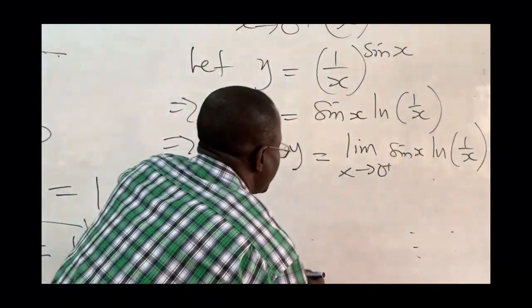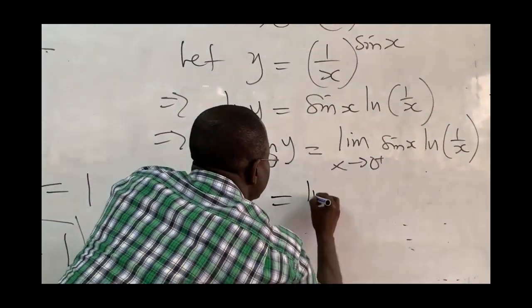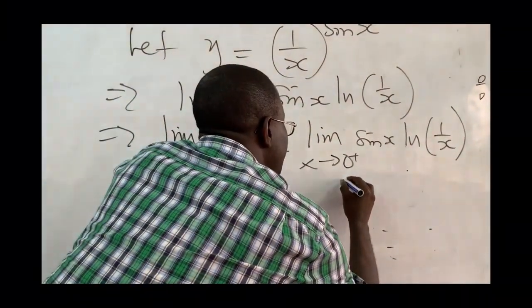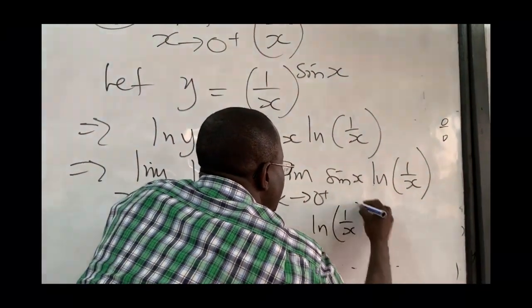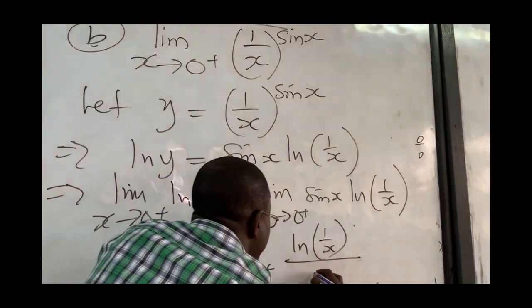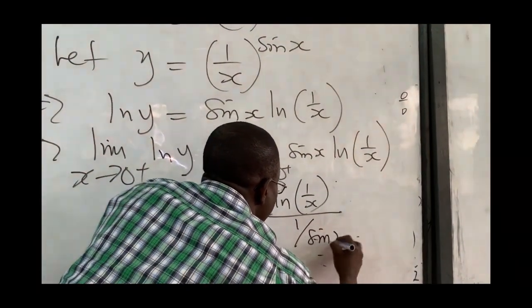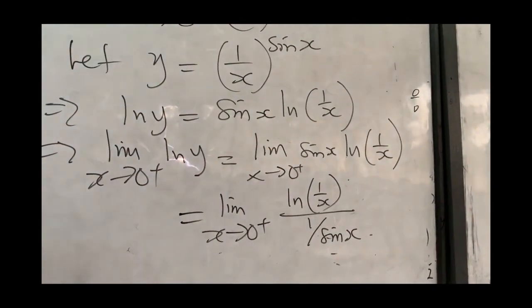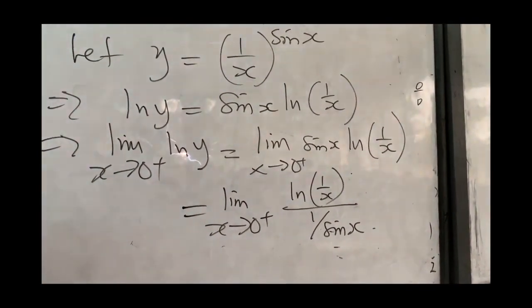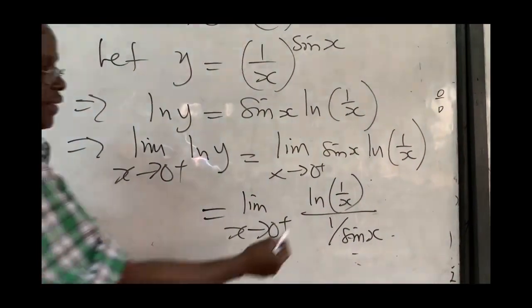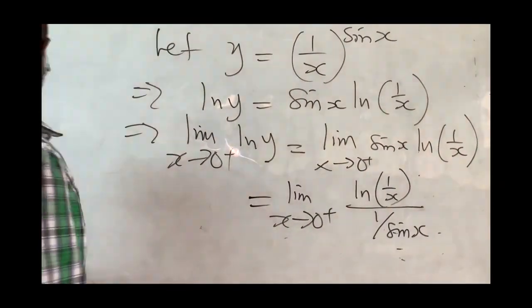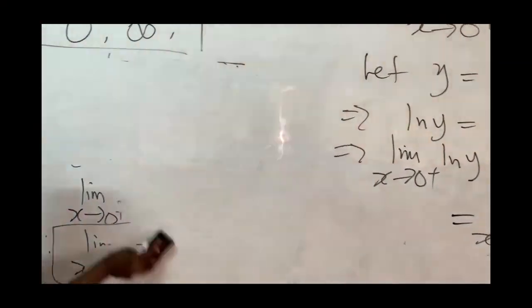So here we can rewrite this as the limit as x goes to 0 plus of ln 1 over x, and then we can rewrite the sine x as 1 over sine x. Now as x goes to 0, this guy is going to infinity, and that is also going to infinity. So you can find the derivatives of both.